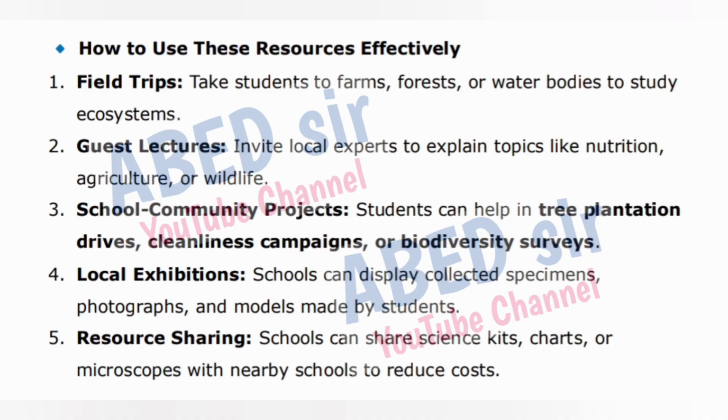School community projects: students can help in tree plantation drives, cleanliness campaigns, or biodiversity surveys. 4. Local exhibitions: schools can display collected specimens, photographs, and models made by students. 5. Resource sharing: schools can share science kits, charts, or microscopes with nearby schools to reduce costs.